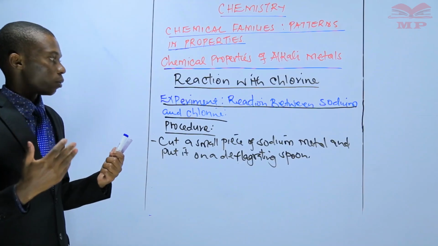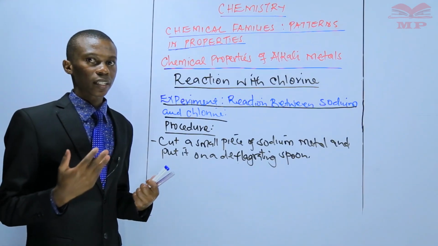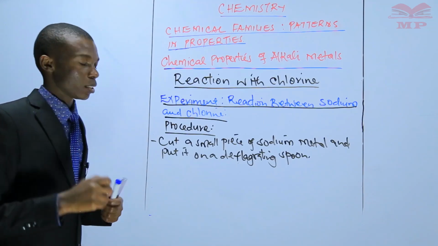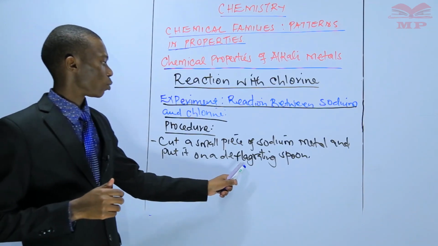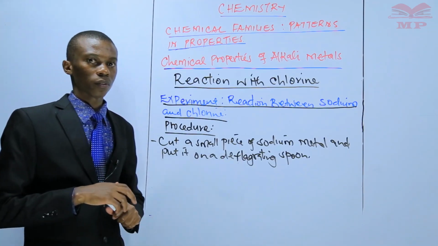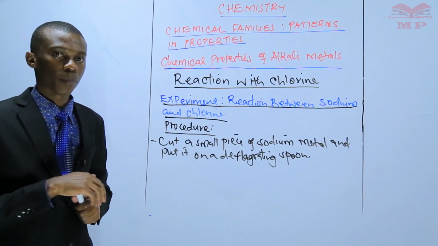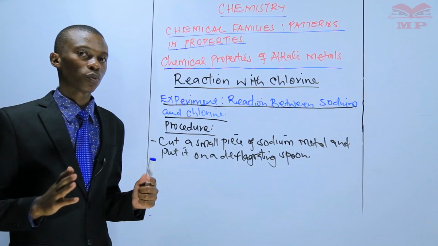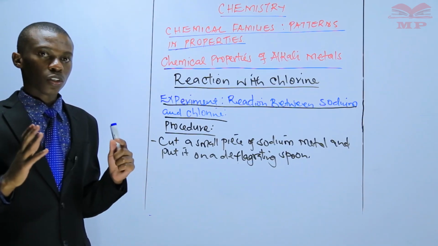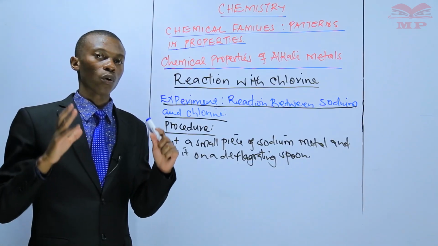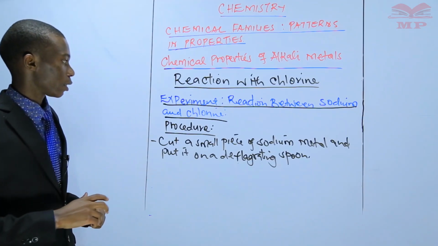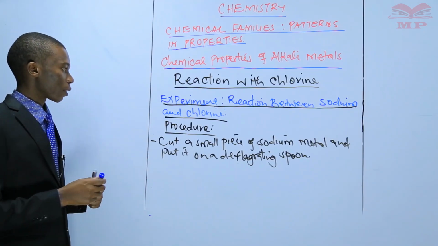Remember, we said that alkali metals are reactive metals, and therefore you should use small pieces. A deflagrating spoon, I hope you still remember, was one of the apparatus we learned in Form 1, and it is used for holding substances as they are being burnt.